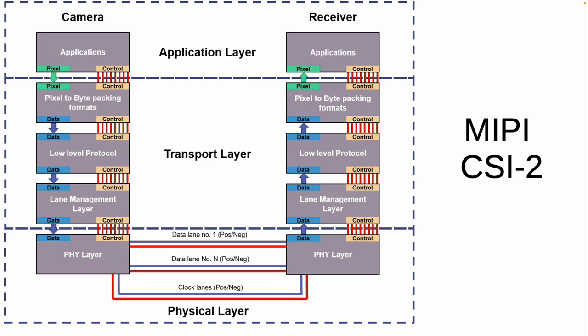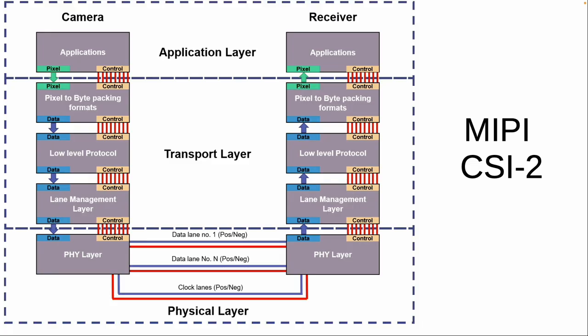The other important communication protocol is MIPI CSI. You've got a camera on the left, receiver on the right. You send some pixels, they get converted to some byte packing formats, then converted to a low-level protocol. There's layer management, there's a physical layer, there can be multiple lanes, various numbers of lanes across, and then all of that gets undone and sent off to the receiver.